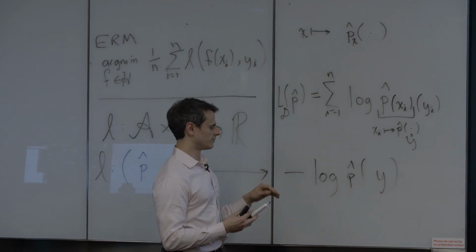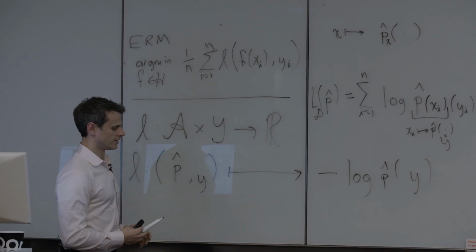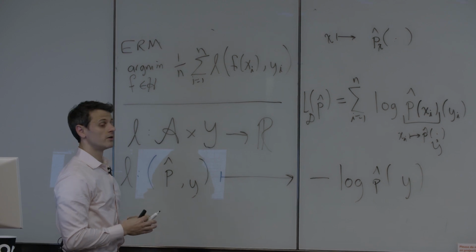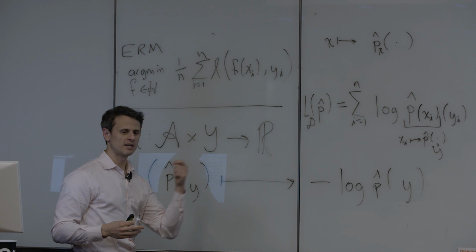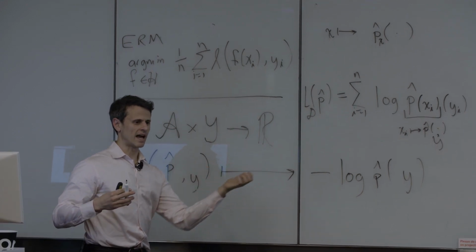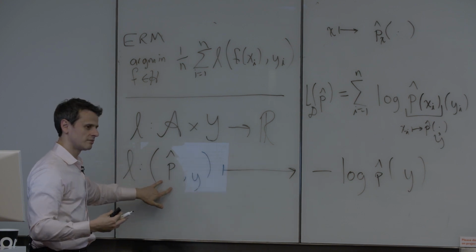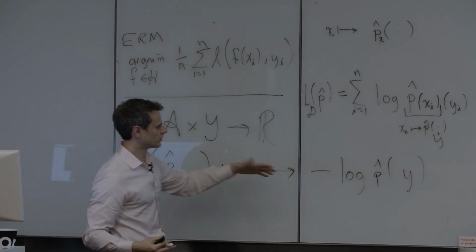Right? So our system produced, let's fix x, we got x. Our system produced a predicted probability distribution, p hat. An actual outcome occurred, y. We need to score how well p hat does in regard to the actual outcome y. We need a loss function that takes the predicted probability distribution, p hat, and the actual outcome y and gives us a score. And that's what this is doing.